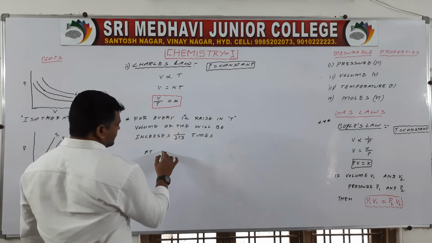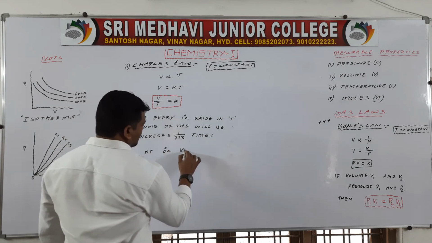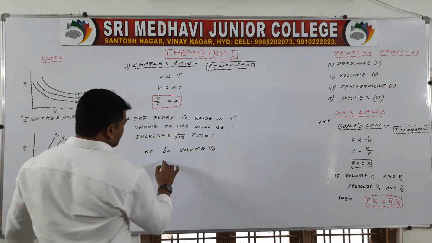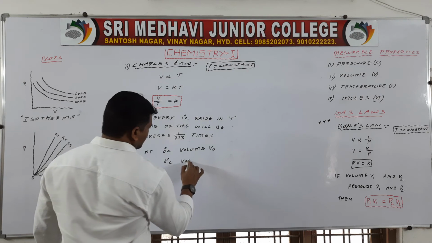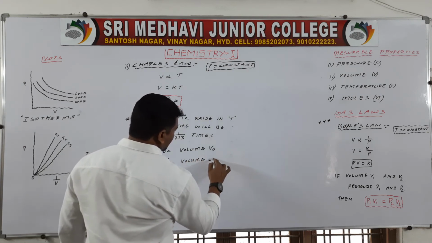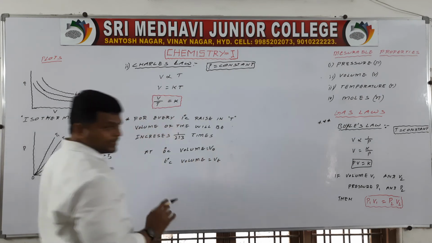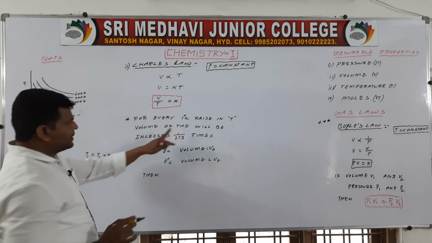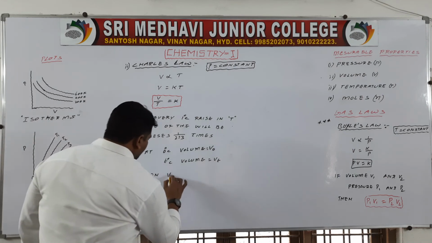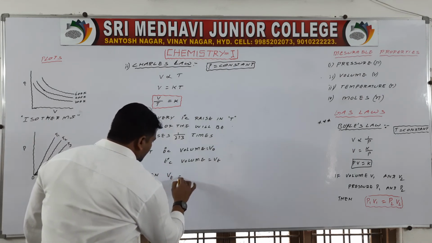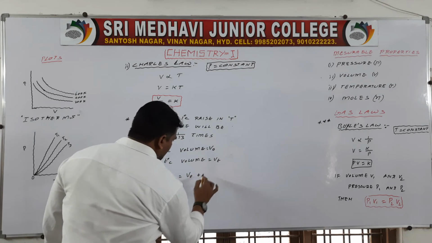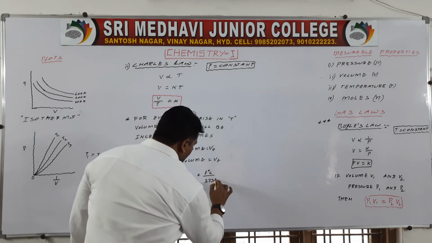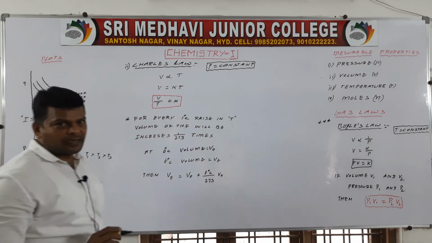At 0 degrees Celsius, volume equals V naught. At T degrees Celsius, volume equals Vt. Then Vt equals V naught plus T degrees Celsius by 273 into V naught.